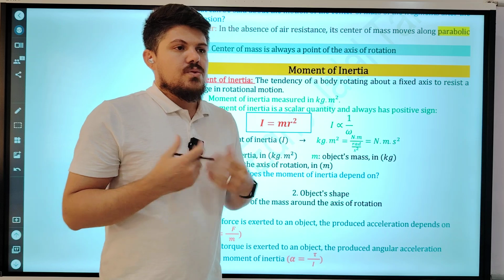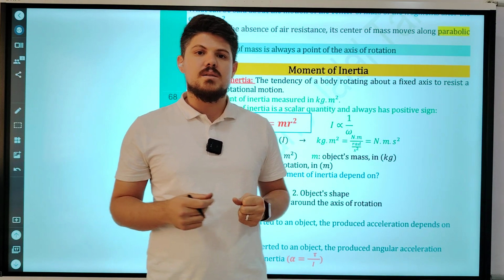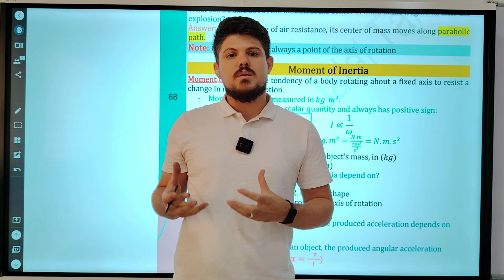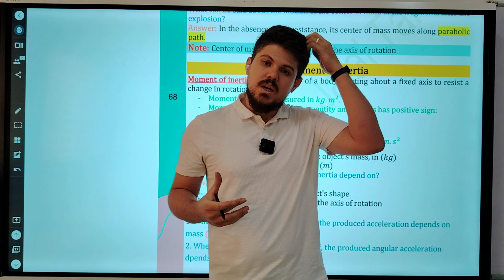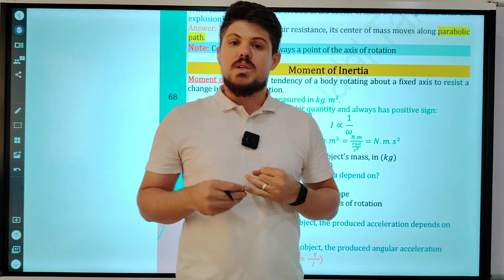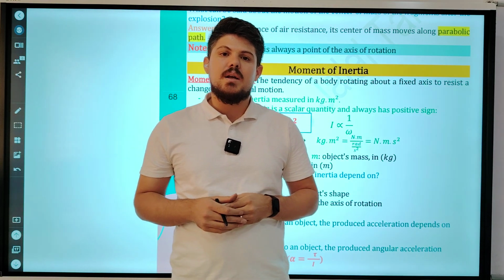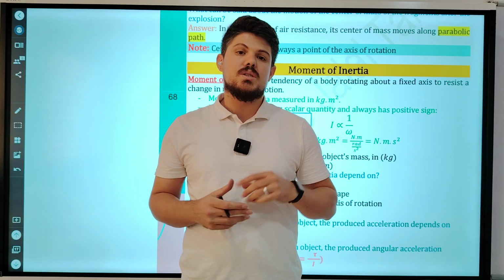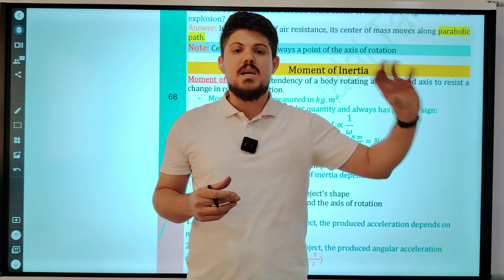For example, if you throw a stick or hammer into the air, this stick or bat has both rotational motion and translational motion. So the motion of this bat when it is thrown into the air is a combination of translational motion and rotational motion.